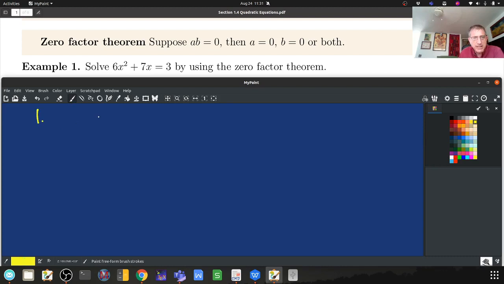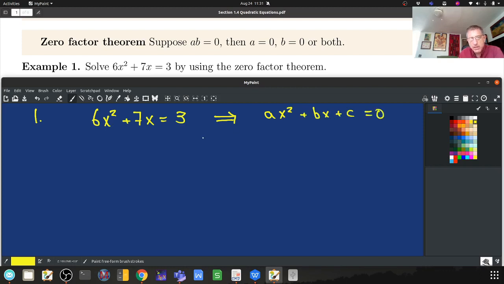So this is going to be example 1. I'm going to solve 6x squared plus 7x is equal to 3. So the first thing we're going to do is write this in the general form ax squared plus bx plus c is equal to 0.